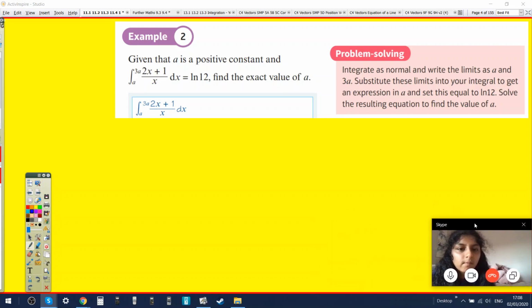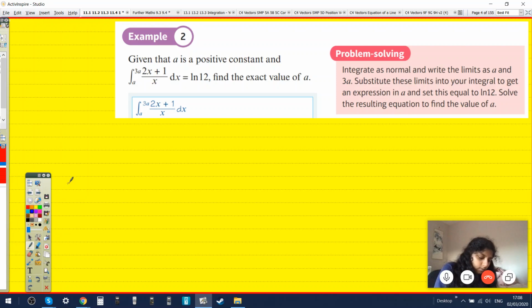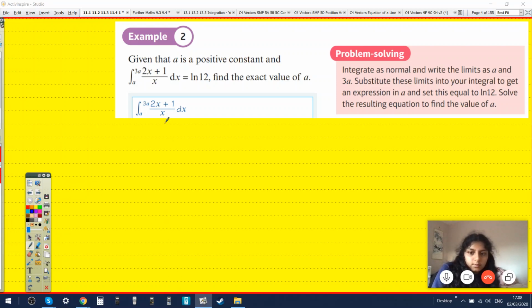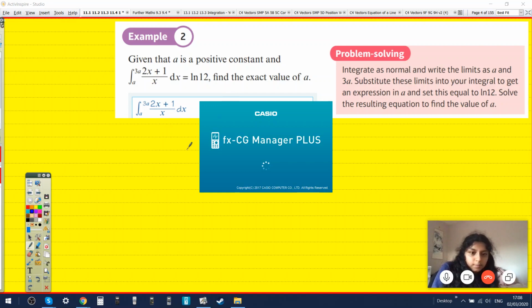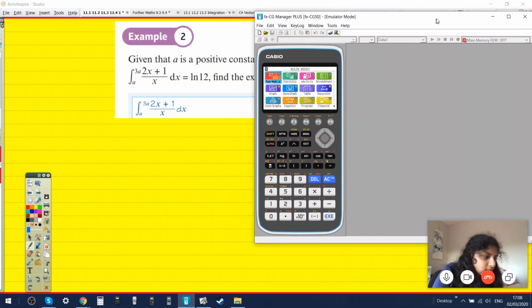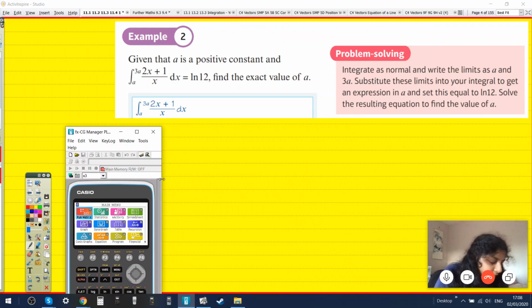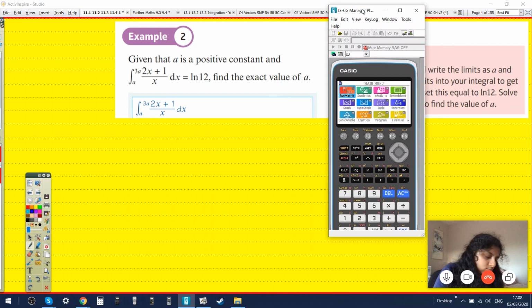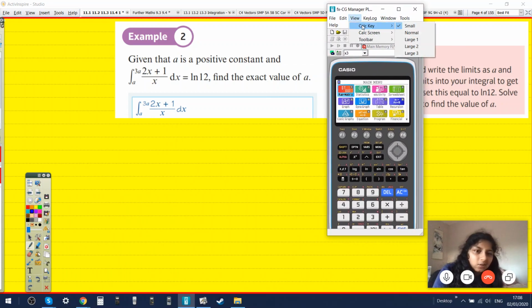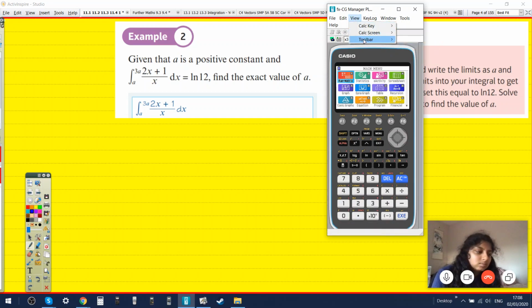How do we do this? So 2x plus 1 over x. Oh, this is ln. Ln of f x plus c. It's like the reciprocal of ln or something. Don't overthink it.